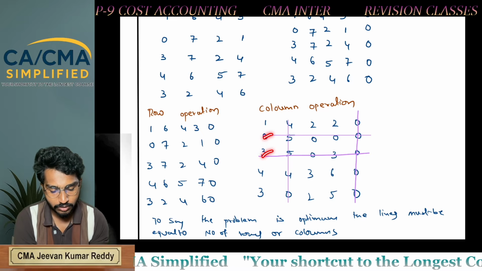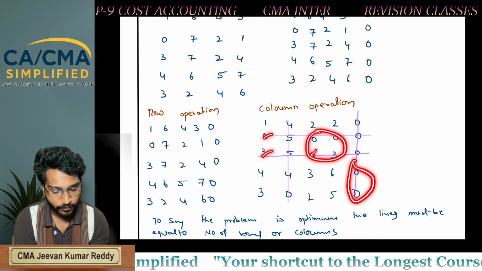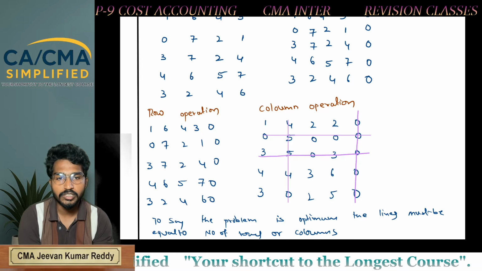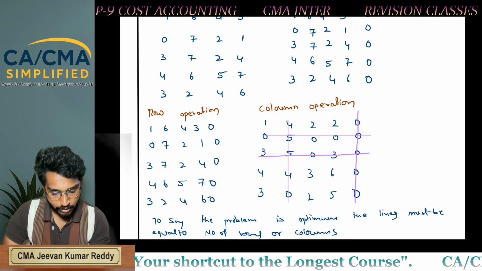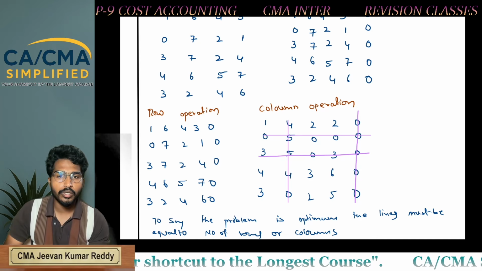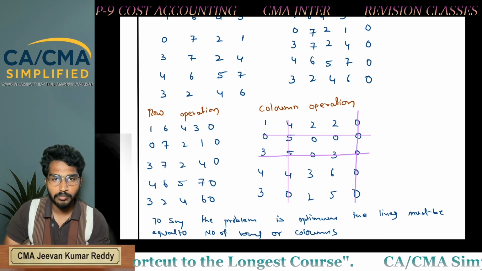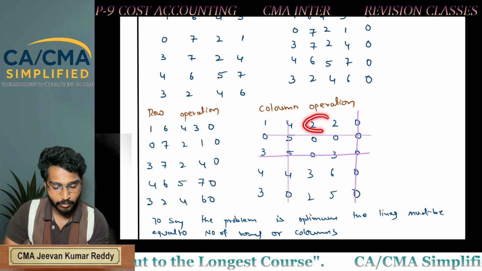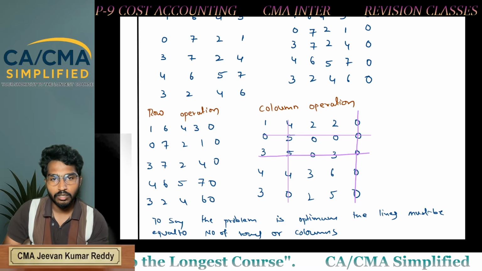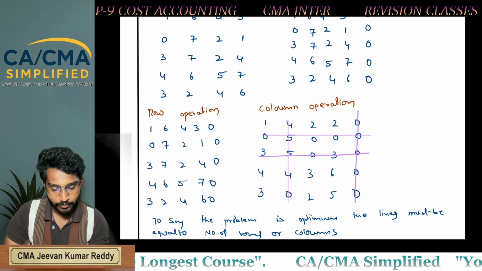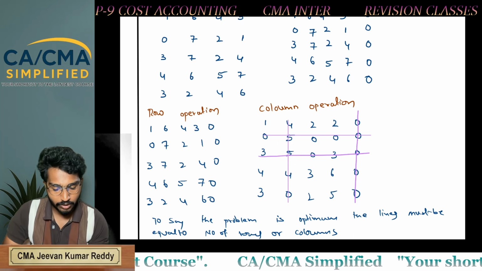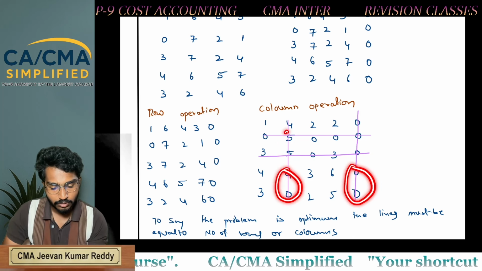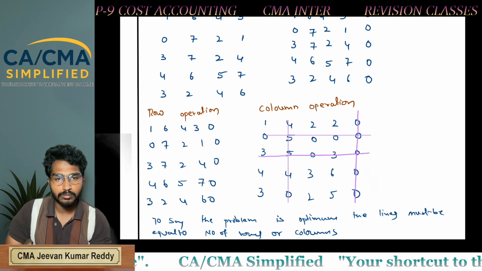Do not touch the elements covered by lines. So select the lowest uncovered element by lines, deduct it from all other uncovered elements and add at the intersection point. Do not touch the cells covered by lines.